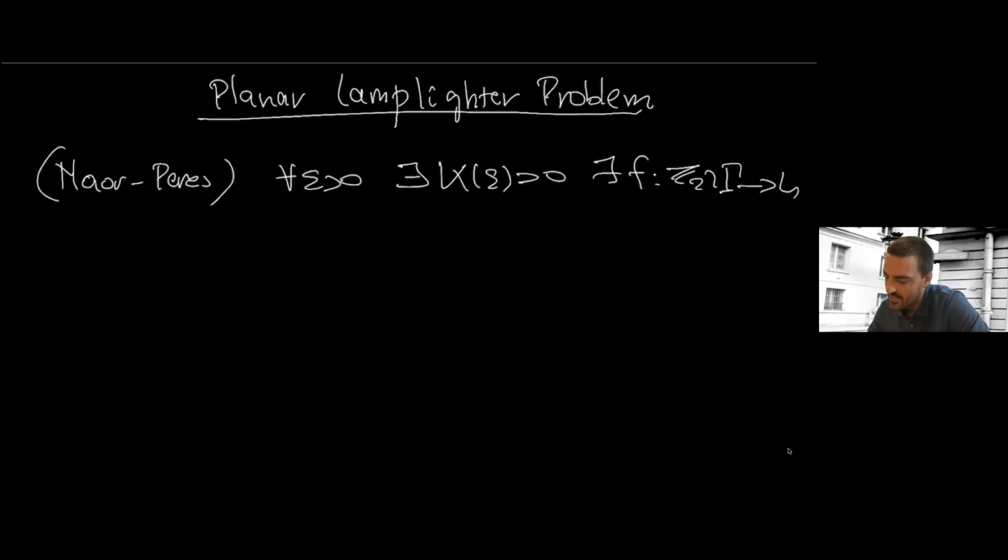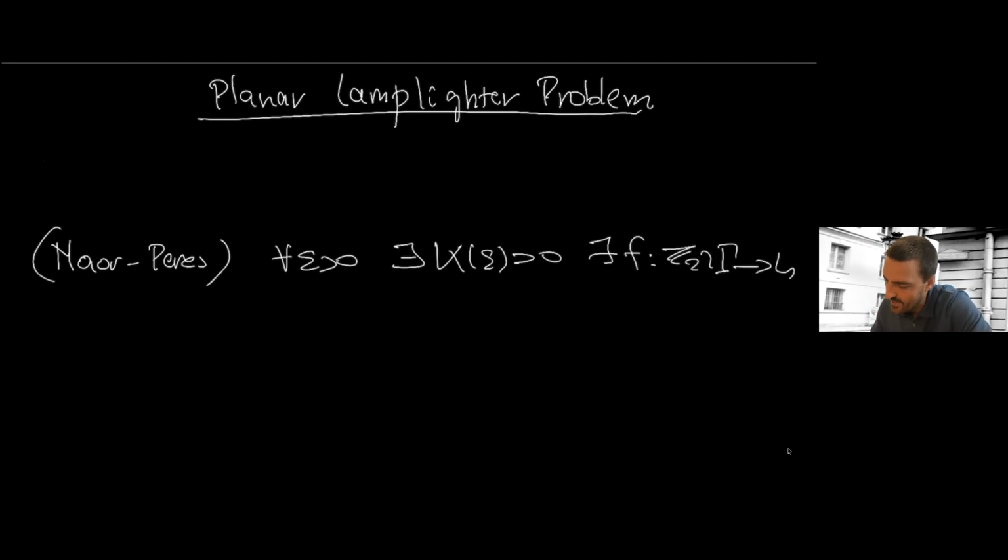So what is gamma? I forgot to mention this. Gamma here is a group of polynomial growth. It's a finitely generated group with polynomial growth.